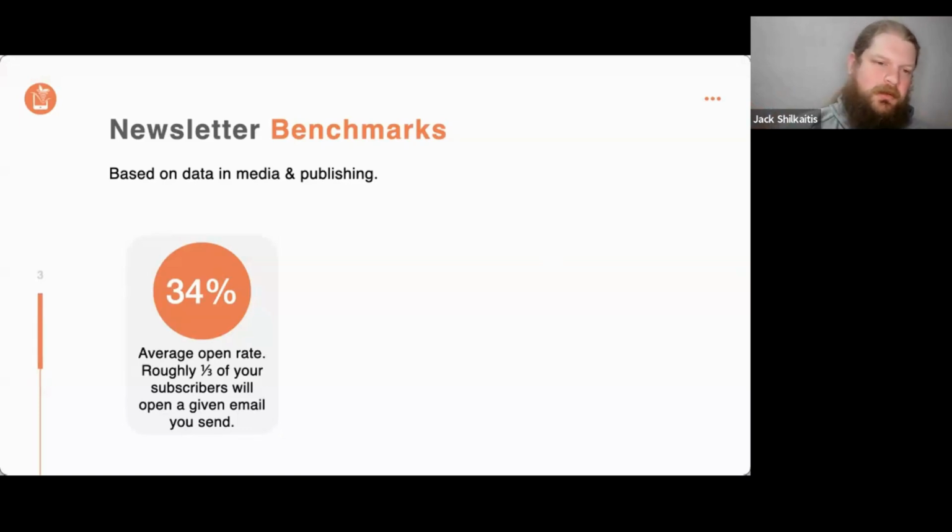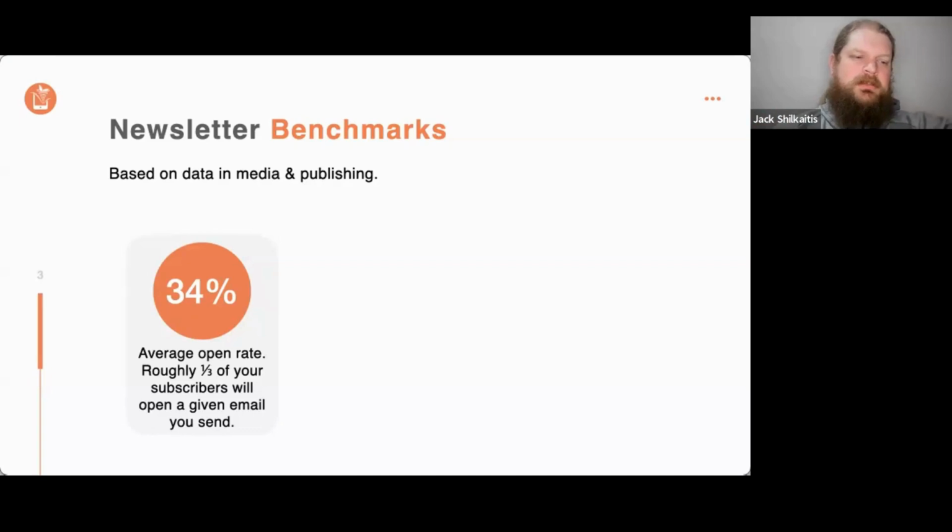A couple of things to consider about open rates. They're not always accurate. Typically, it skews toward more actual opens than get tracked. That's also the case with some of the other metrics like clicks. Typically, a few more opens and a few more clicks actually happen than get tracked.